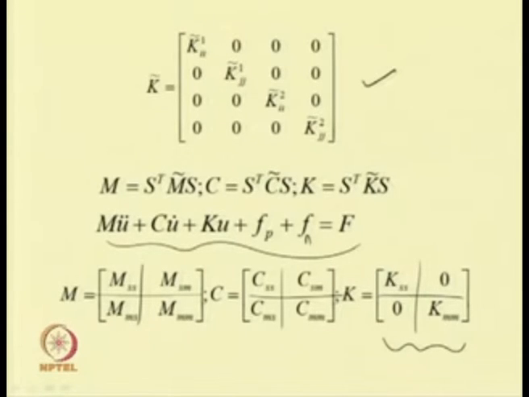Here the stiffness matrix is uncoupled, KSS and KMM, but the other matrices are coupled.